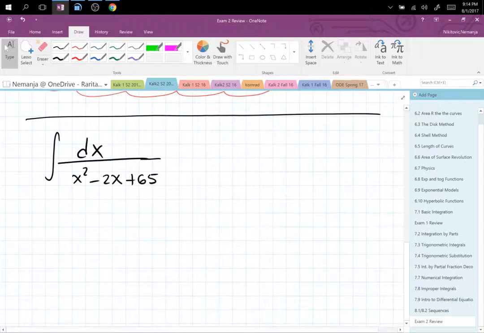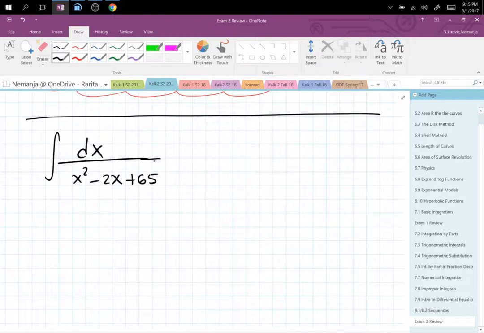These problems, if you can factor them, are definitely partial fraction decomposition. But if you cannot factor, then your best bet is to use completing the square.